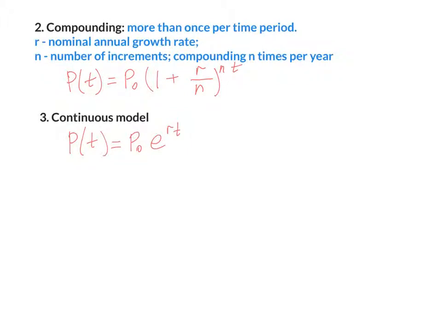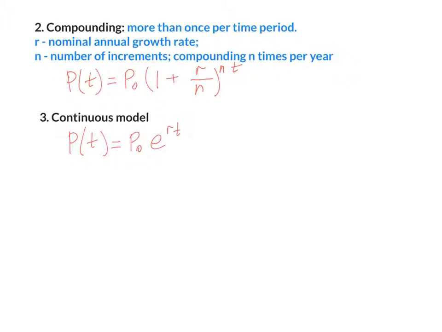Conceptually, it's a pretty complicated idea. So what we discussed, I'll repeat it briefly. If you compound more and more frequently, instead of once a year, maybe 12, or every hour, or every minute, or every second, the total amount gets a little bit larger, but it won't increase infinitely big.